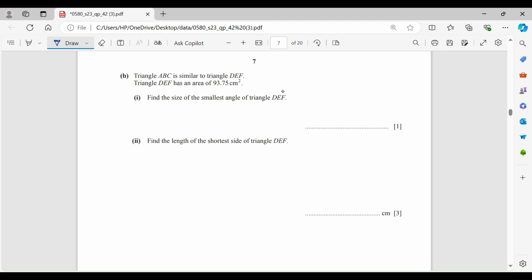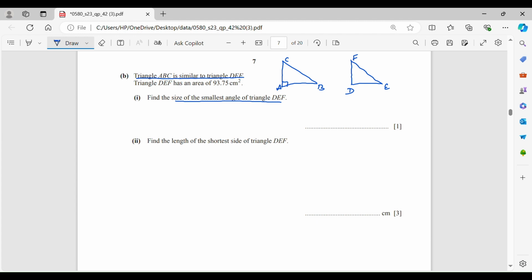So we are given that triangle ABC is similar to triangle DEF. So let's take two triangles. This is 90 degree. This is A, this is B, this is C. Now DEF, same way. This will be D, this will be E.